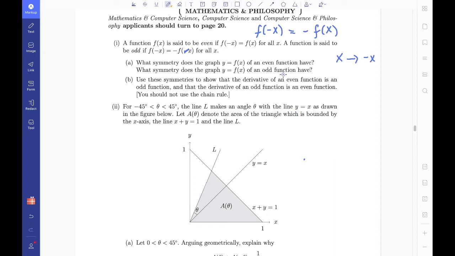So if you reflect something in the y-axis and it is unchanged, it must have symmetry about the line x equals 0, the y-axis. You could say that it can be reflected about the y-axis with the mirror line of the y-axis, and it won't change. So that's the symmetry it has.